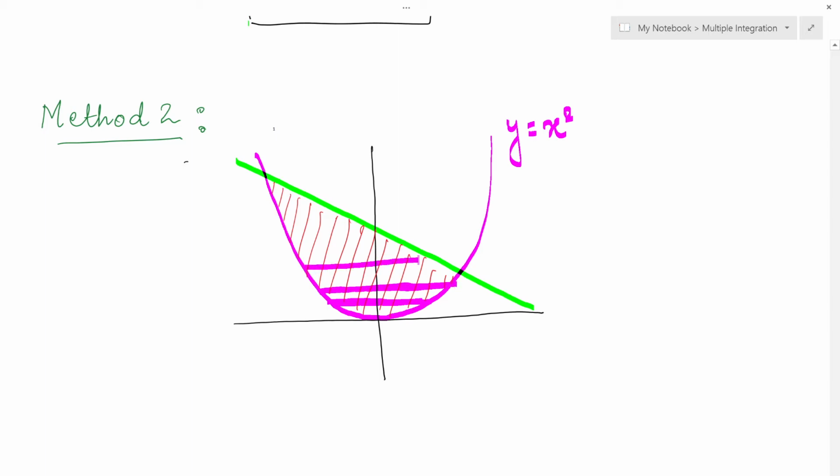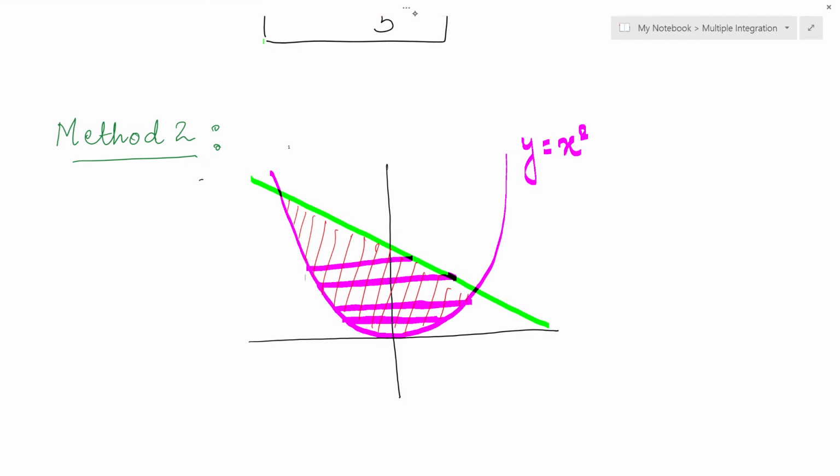Then after some time it will go up. Here you can see the strip touches left at the parabola, but the strip touches right at the line. Again it goes up, same. So clearly the limits are changing. Here it touches the parabola and when it goes up it touches the line. So taking the same region of intersection won't work.